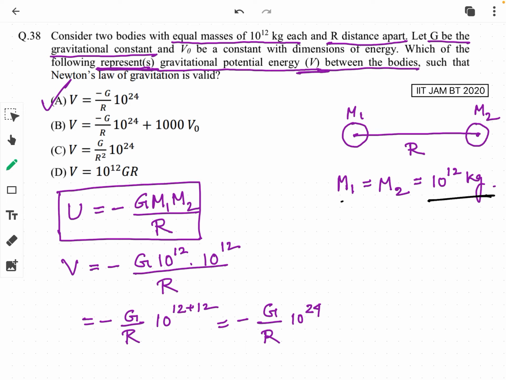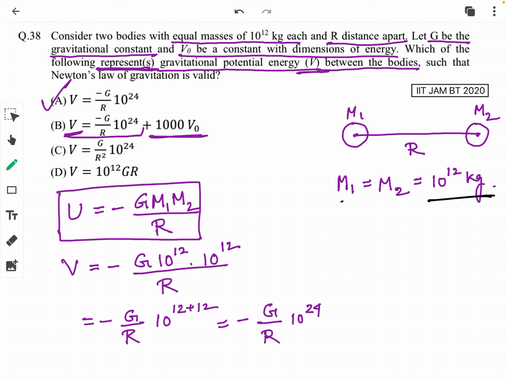So here if we go to the second option, that is V equal minus G by R into 10 to the power 24, that is option A, plus 1000 V naught. See here V naught is given in the question as a constant with dimensions of energy. So if we check by dimension, V is potential energy.